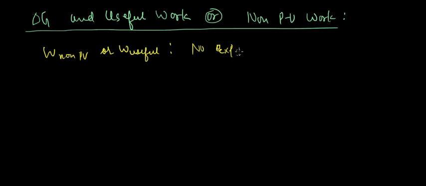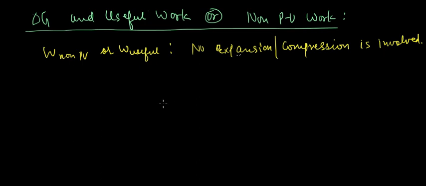Expansion or compression is involved in PV work. And we can write that delta G is a measure of non-PV work or useful work.